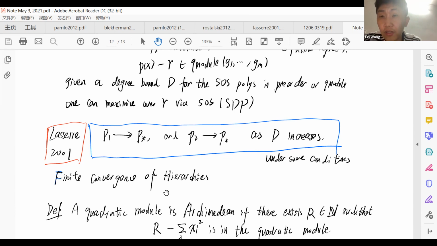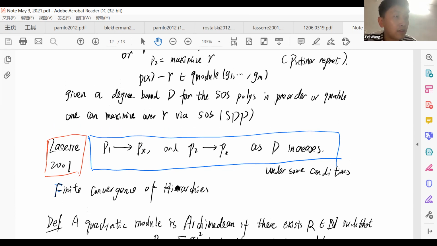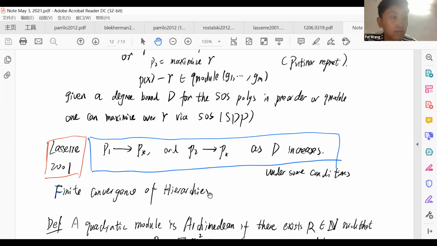We want to know under which condition you get an exact approximation, so that for some degree d, this convex approximation exactly solves the non-convex optimization problem.